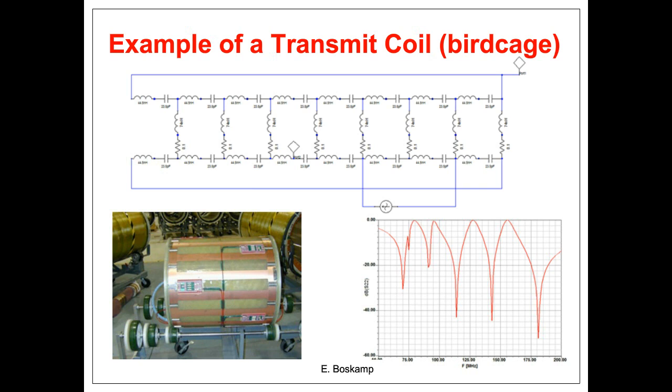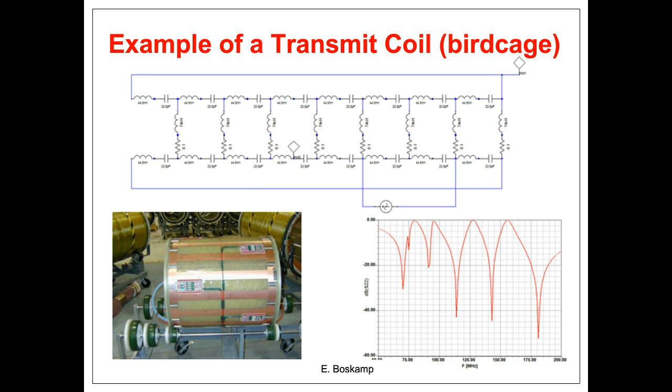If we look at the standard transmit coil, it's based on the so-called birdcage resonator, which, as the name implies, has rungs associated with it and end rings, and the physical dimension of this birdcage resonator is a function of the dimensions of that coil. Now remember, the patient actually has to be inserted inside that coil for the scan to take place.